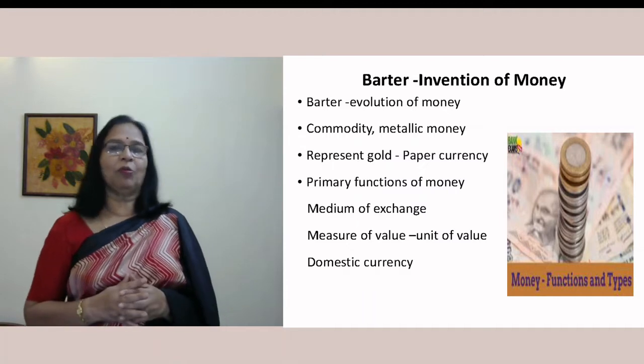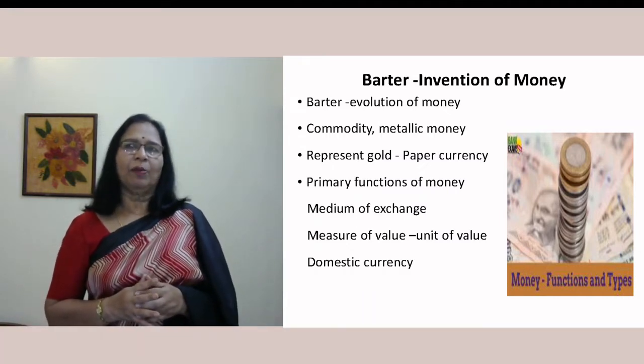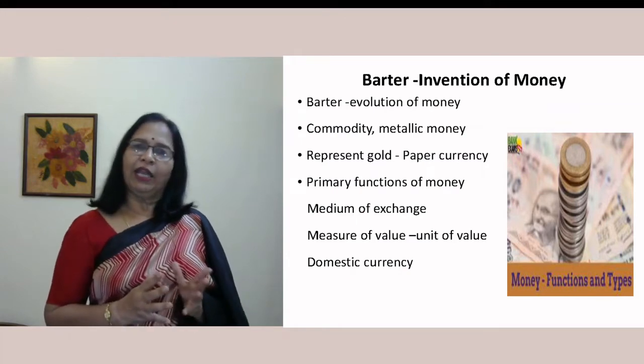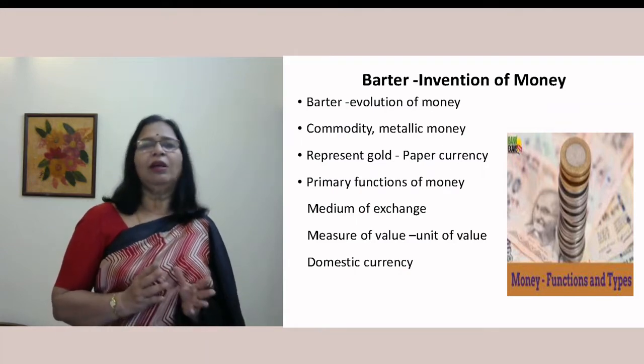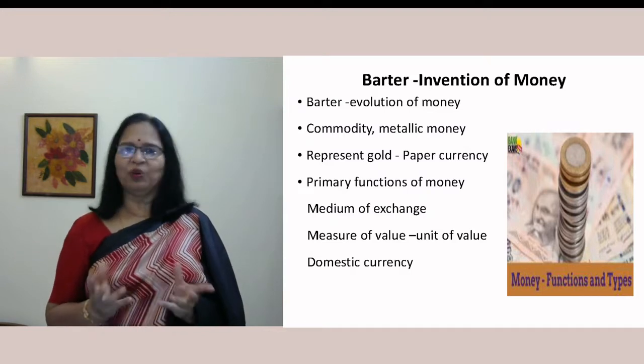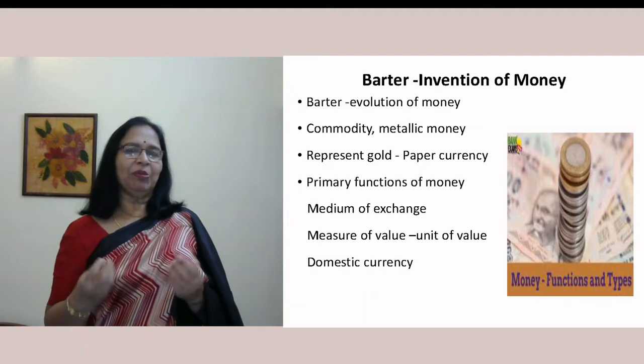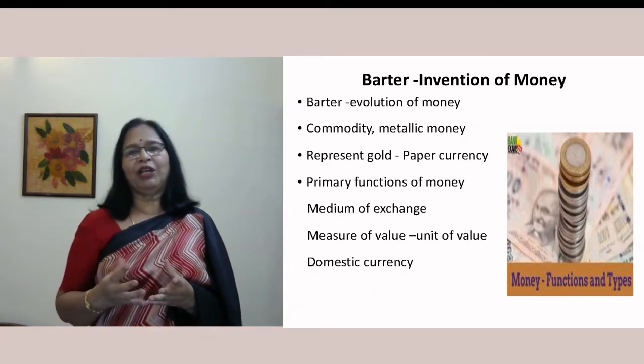We know the earliest form of trade, and much of the ideas that we know about the evolution of money is historical, partly anthropological, and also imaginary. So the examples that we give are probably imaginary because we do not really know how trade must have taken place.